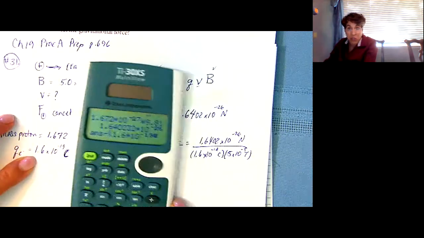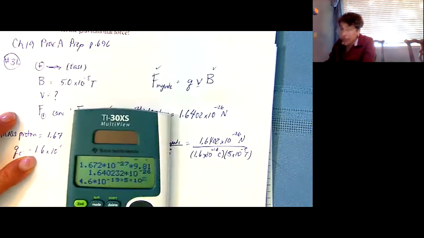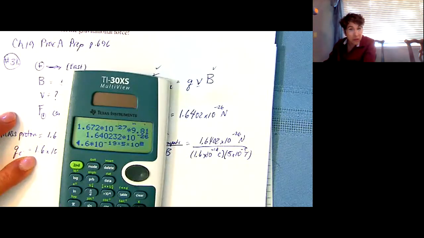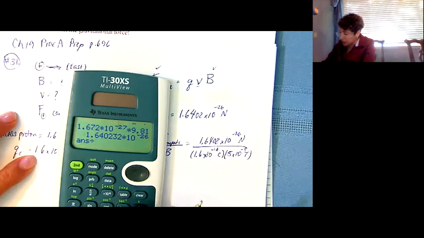That's the Q, times the other one, 5 times 10 to the negative 5. Uh-oh. Let me clear that number. Rats. All right, we're going to do that again. I've got to pay attention and bring down my cursor.